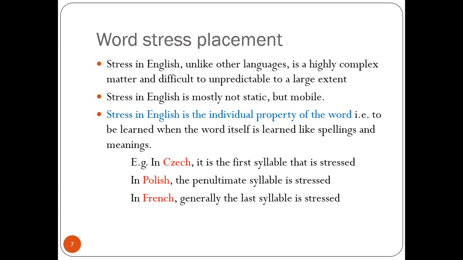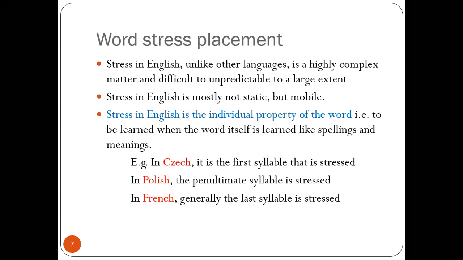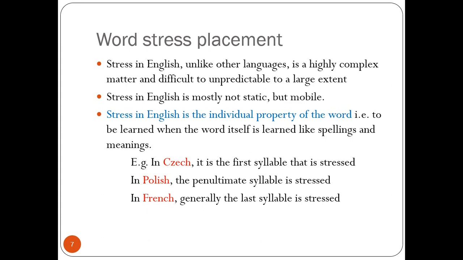That's why you have to memorize stress for almost every word. I'm sure there are some rules which will help you a lot, but with many exceptions, and you'll see that's not a big deal. But most of the time in English, you have to learn the stress along the line.